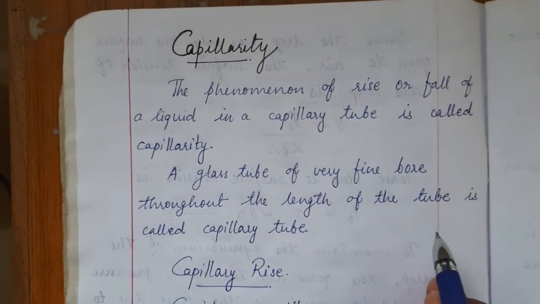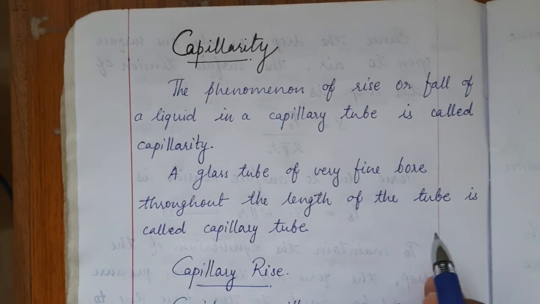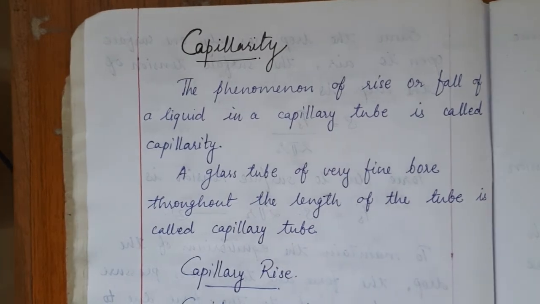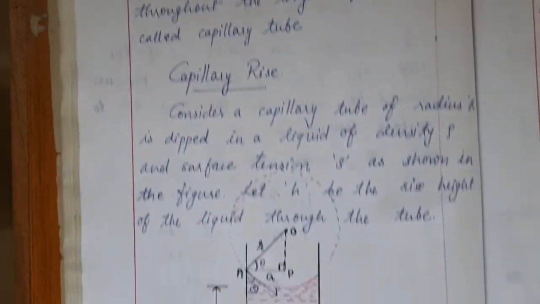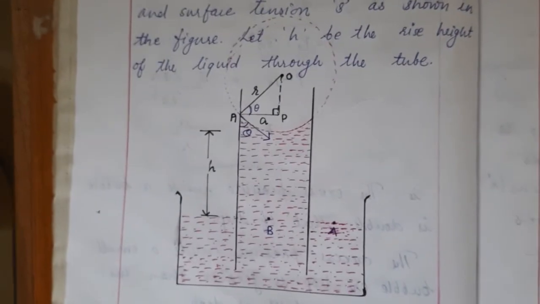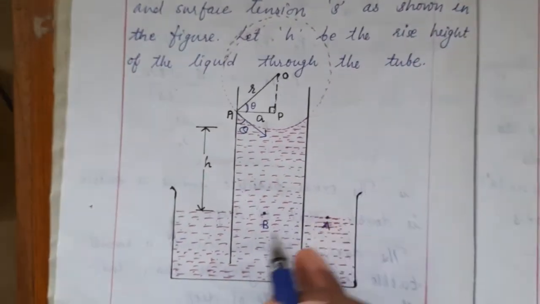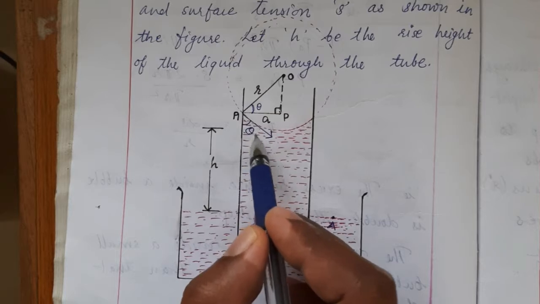A glass tube of very fine bore throughout the length of the tube is called a capillary tube. Now let's consider a capillary tube, and this capillary tube has a radius a. Small letter a is the radius of this tube.